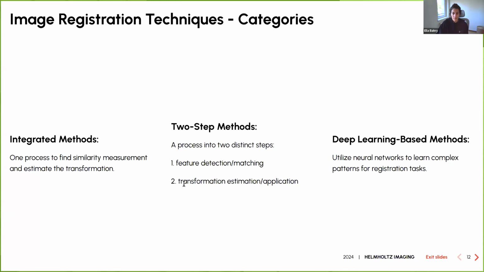Then we have the 2-step methods where we first find similarities between our 2 images, and then we calculate the transformation matrix or the transformations and we apply them. And then the third category would be deep learning based methods, which I would only talk about a little bit.